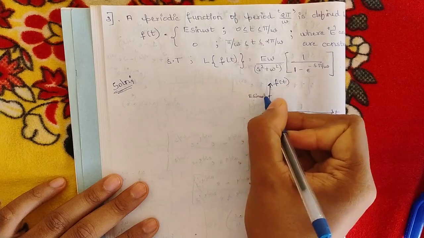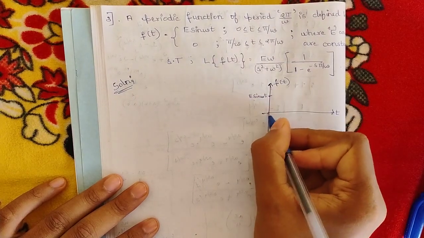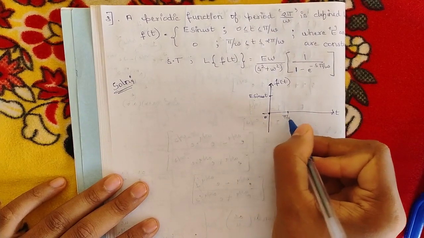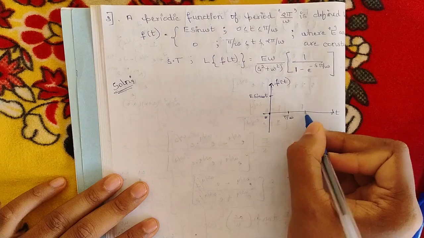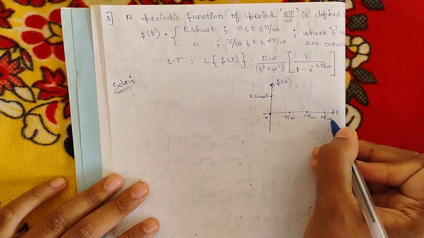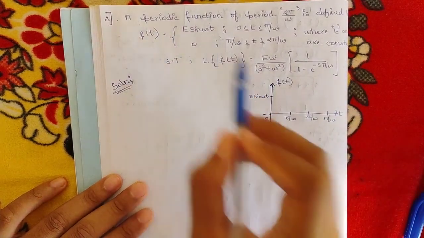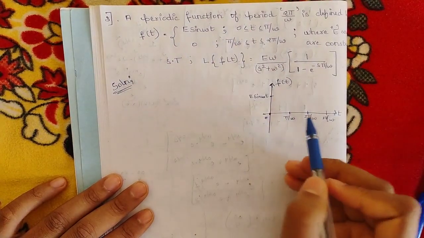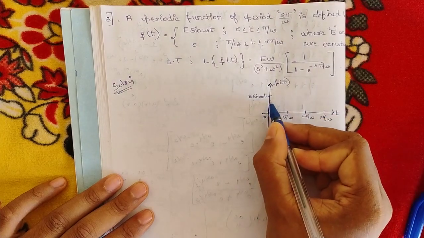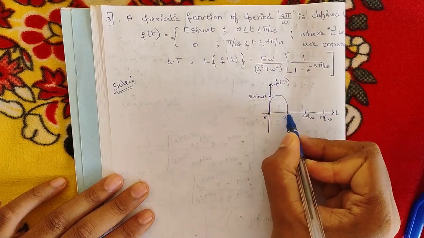It is E sine omega t, and this is 0. The limits are from 0, pi by omega, 2 pi by omega, 3 pi by omega, and so on. First, f of t is given as E sine omega t from 0 to pi by omega. That is a sine wave, the first half cycle of the sine wave starting like this.